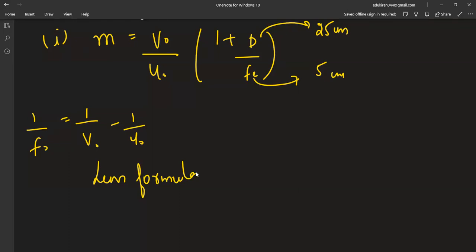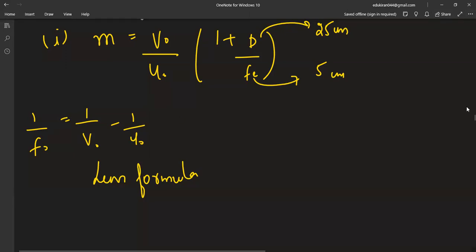We didn't use sign convention in the other formula because in the lens formula, you use the sign conventions. That formula is not the lens formula. In the lens formula, lens maker formula, every other formula, you use it.